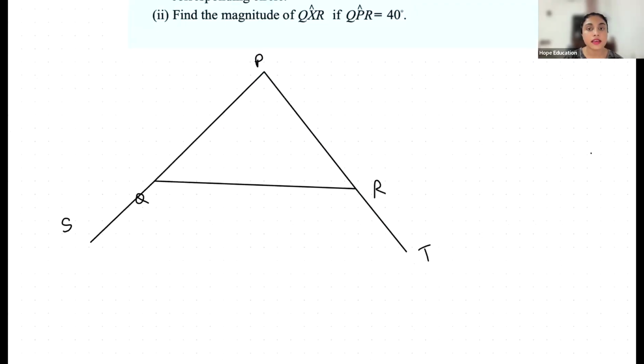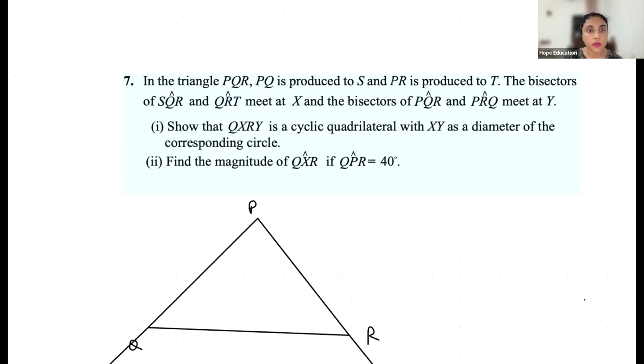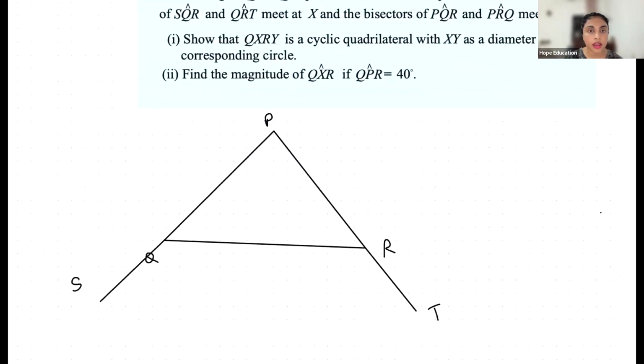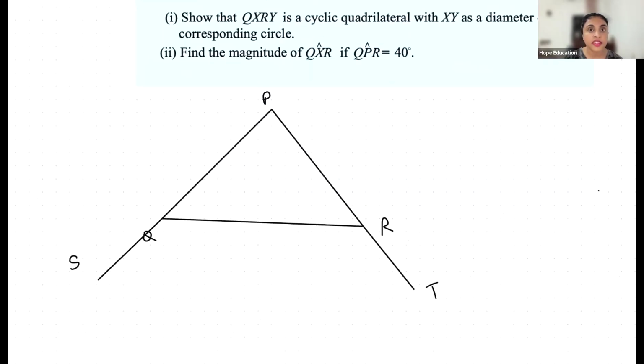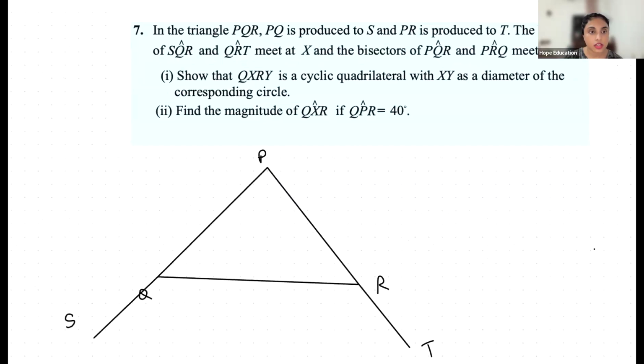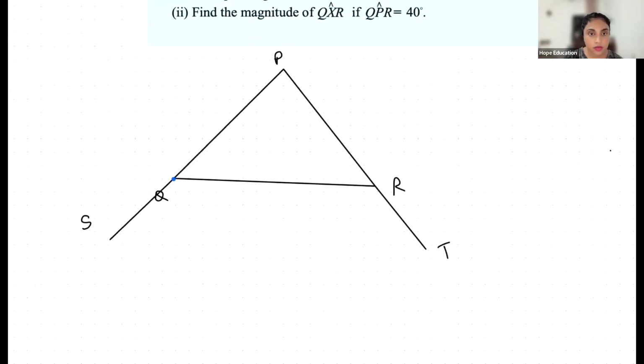The bisectors of SQR and QRT, they meet at X. So the bisector of SQR would be something like this. The bisector of QRT would be something like this, and apparently they meet at X.